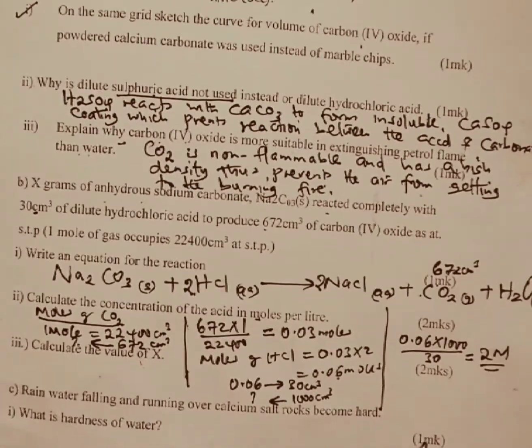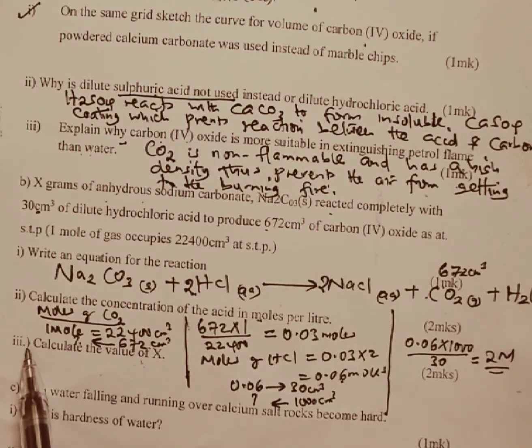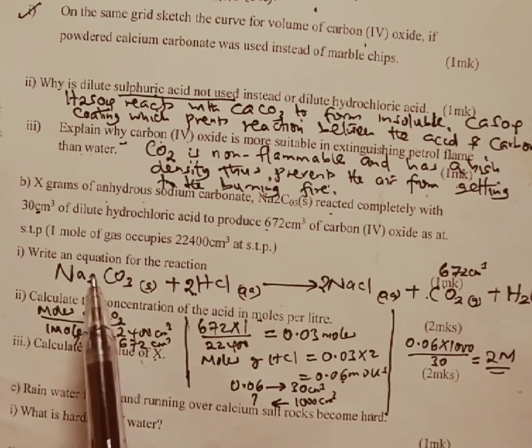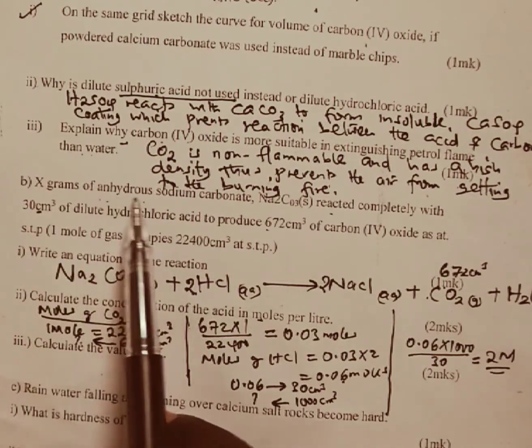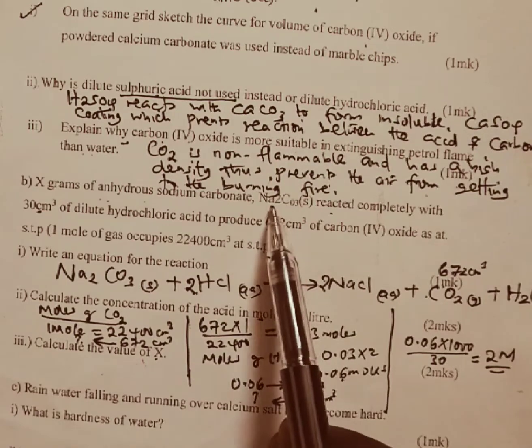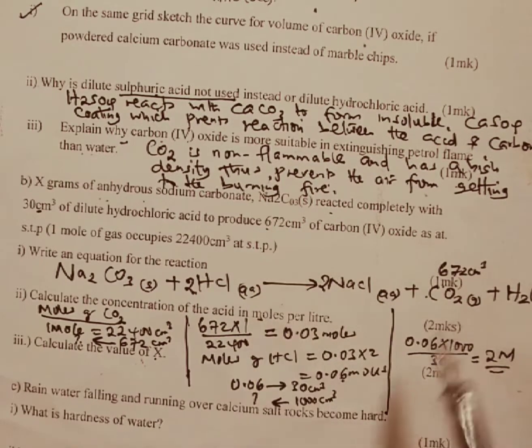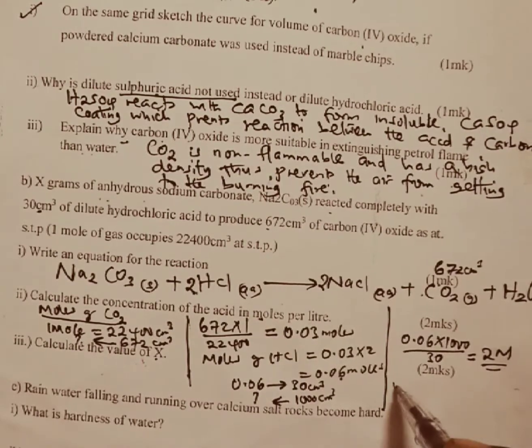Next, Roman 3, calculate the value of X, and we are told X grams of anhydrous sodium carbonate. In this case now we need to get the moles of the carbonate. This is Roman 3.